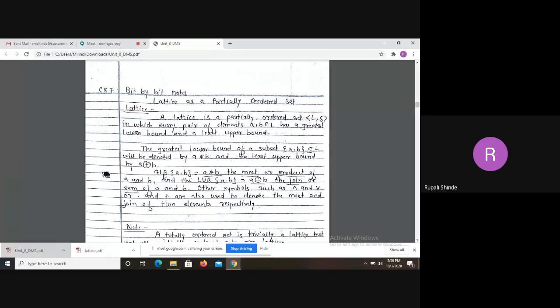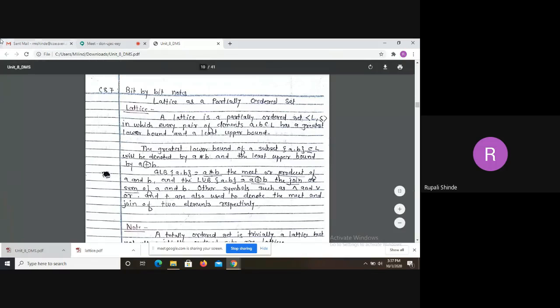First, keep in mind that the greatest lower bound of any two elements is A star B. So again, this star can be meet or product of A and B. Again, this star operation can be replaced by the AND operation or dot operation. Okay. So these are three different alternative symbols.